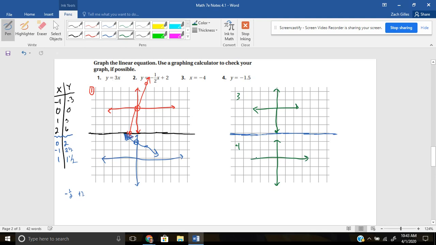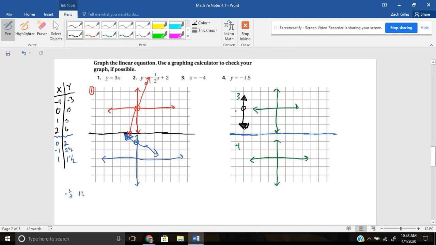And the first example is x equals -4. So I will go to where x is equal to -4 on my horizontal axis here. 1, 2, 3, 4. I might want to extend my line. And remember, x equal to -4 is a vertical line.